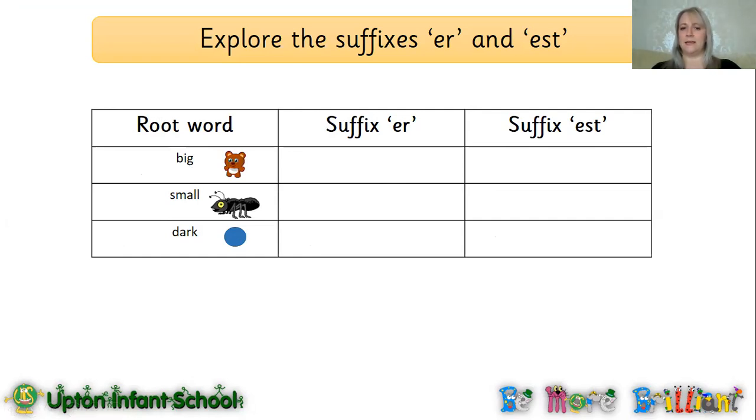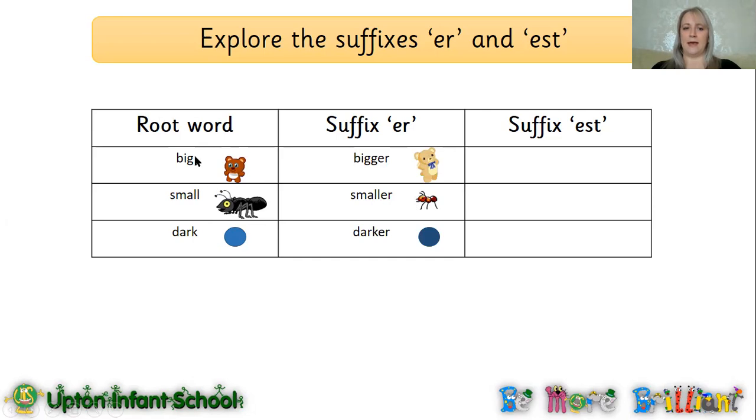So we're going to change this to bigger. We're going to change small to smaller, and we're going to change dark to darker. So here we go. You can see I've now got my bigger bear, I've now got my smaller ant, and I've now got a darker shade of blue.